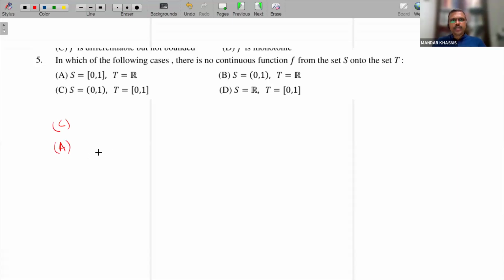I suppose it has a unique answer. So someone said A. Why is it A?